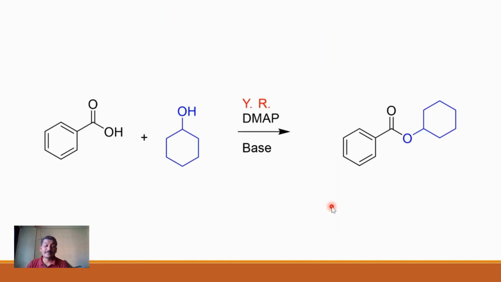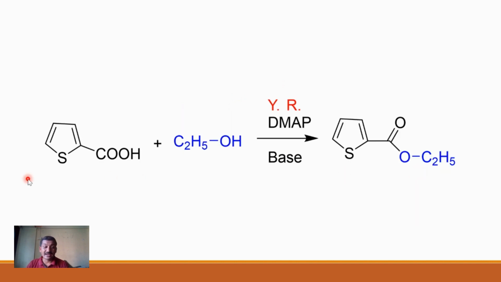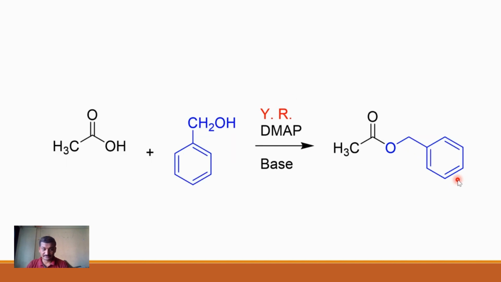These are the examples of the Yamaguchi esterification reaction. When benzoic acid reacts with cyclohexanol in the presence of Yamaguchi reagent, DMAP and base, it gives cyclohexyl benzoate. Another example is thiophene-2-carboxylic acid and ethanol in the presence of Yamaguchi reagent, and you will get the corresponding ethyl ester.